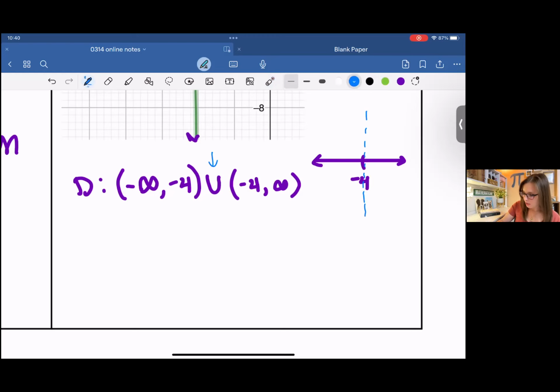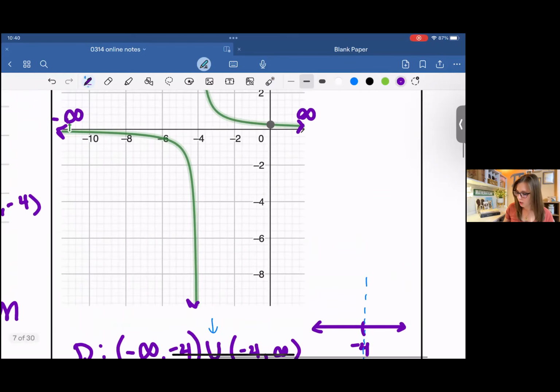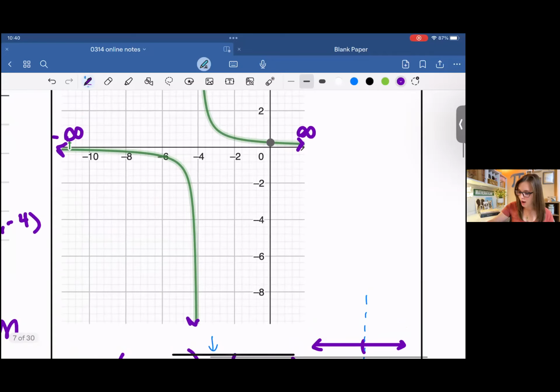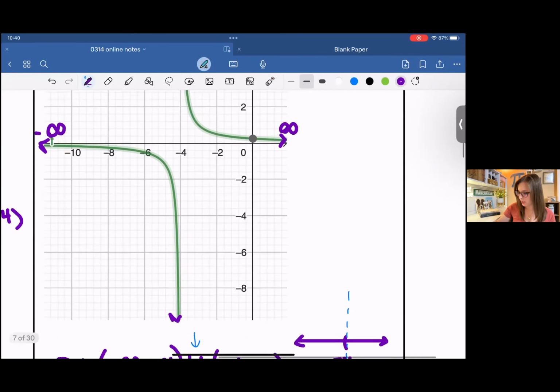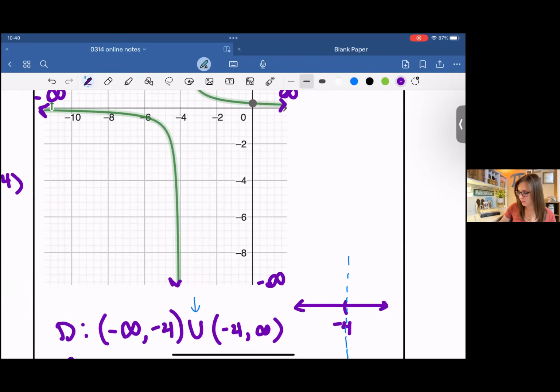And then for range, purple again, we're focusing on the y values. And it looks like there's graph here and graph here, and there's this break right here, this jump in the graph. So again, if we're focusing on the y-axis, this goes to positive infinity, this goes to negative infinity.